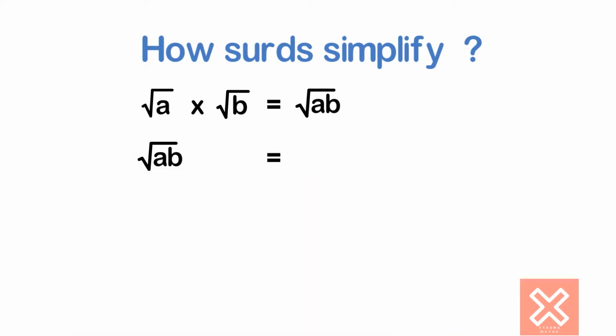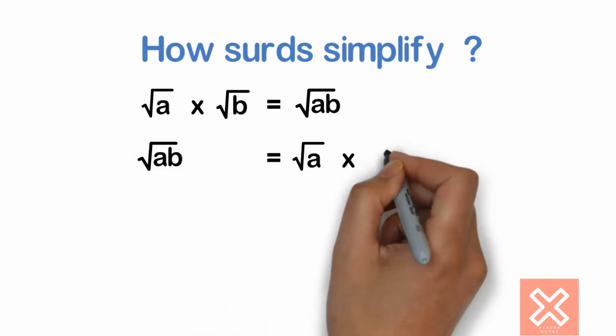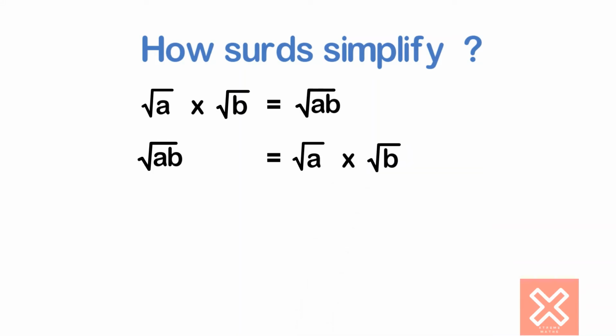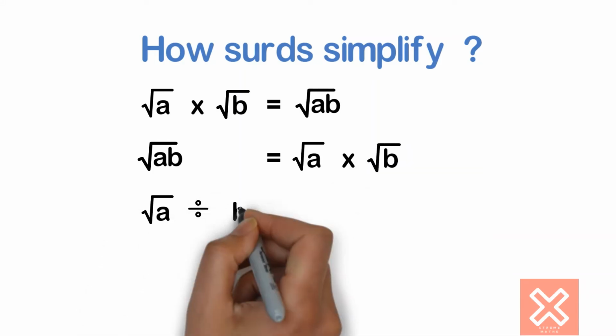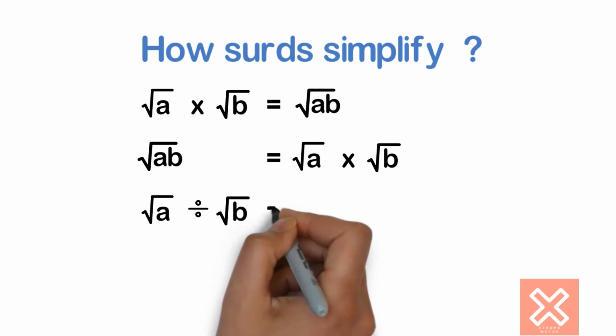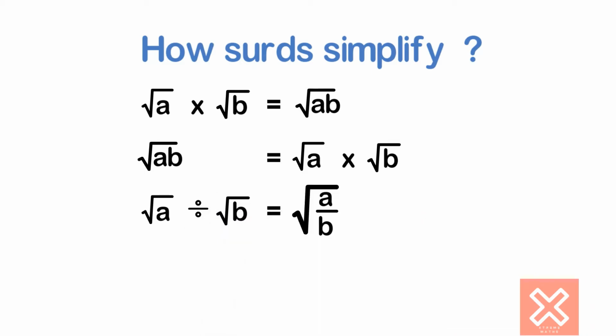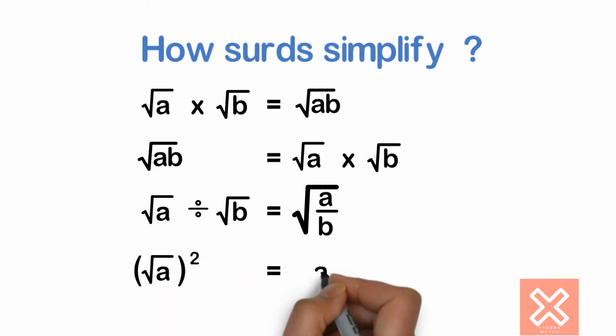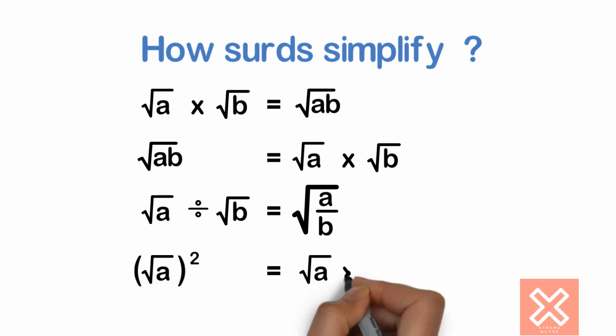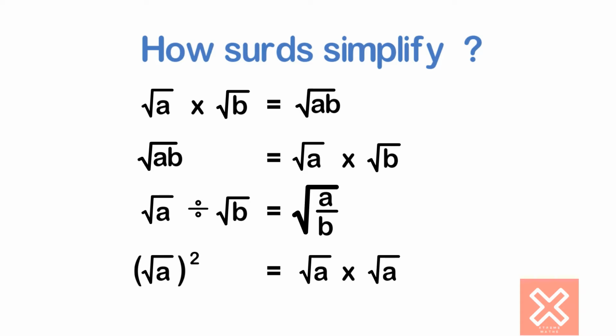We can split √(ab) into √a times √b. √a divided by √b, we can write like this: √(a/b). (√a) squared means √a times √a, and the answer is a. When we simplify surds, we are using these basic concepts.